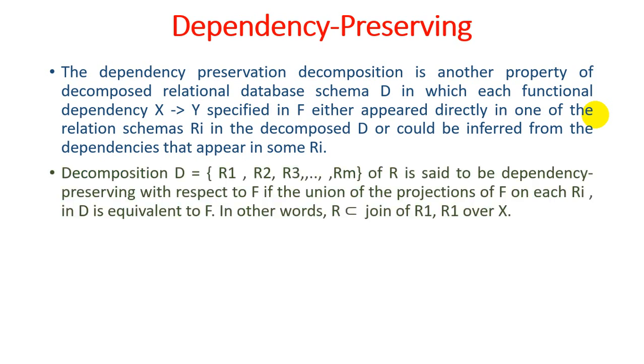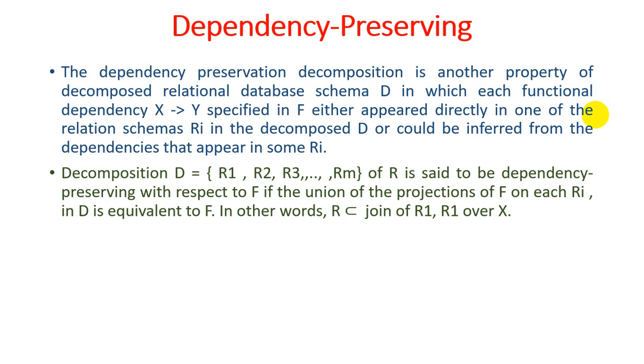Let's see one example. A decomposition D of a database has lots of schemas, or we can say lots of tables, like R1, R2, R3 up to Rm. R is said to be dependency preserving with respect to F if the union of the projections of F on each Ri is equivalent to F. Because for each Ri, or R1, there are lots of dependencies available, and F is the combination of all the dependencies which should be part of R1 to Rm.